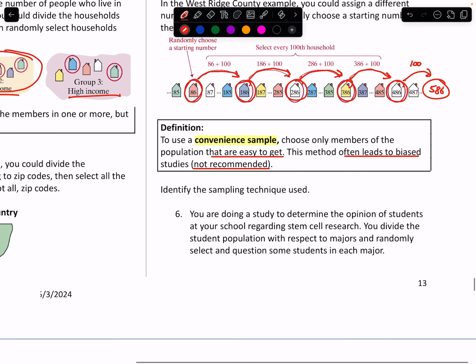So now we have a couple of examples to identify the sampling technique used. Number 6, you are doing a study to determine the opinion of students at your school regarding stem cell research. You divide the student population with respect to majors. So we're dividing into groups by major, and then randomly select and question some students in each major.